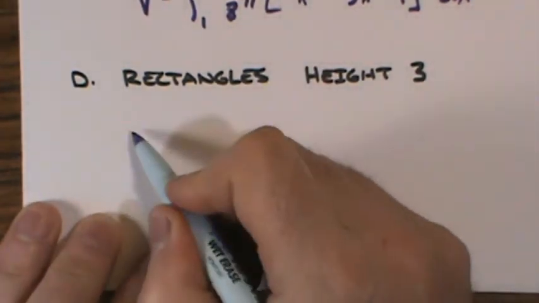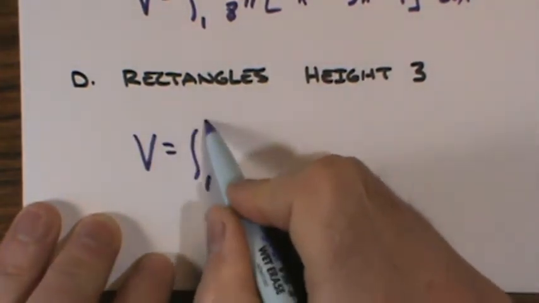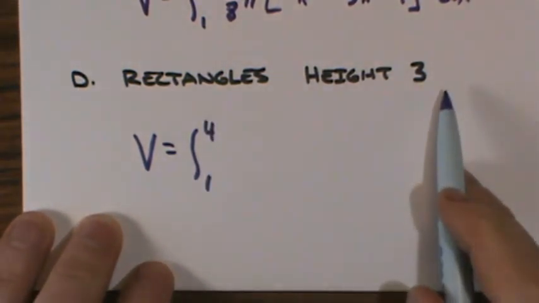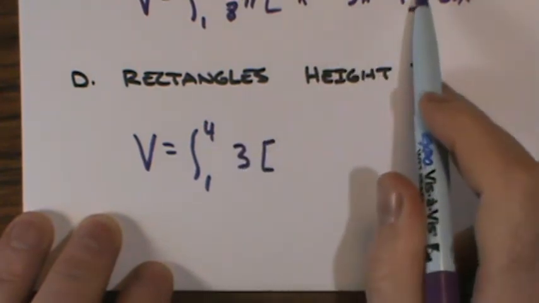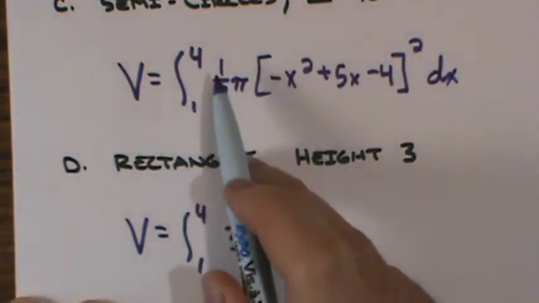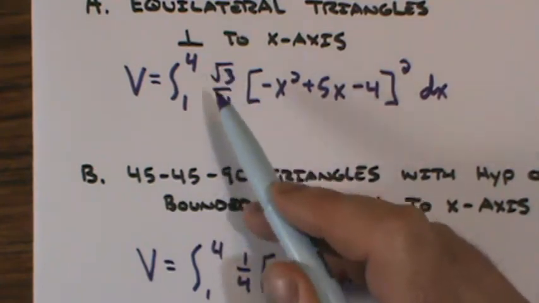Now I've got my rectangles. The volume equals the integral from 1 to 4. Now this is a rectangle with height of 3, so that would be 3 times the simple base. It's not going to be a square because this is already a dimension. See, these others, when I'm working through these, are part of the formula. This is not a dimension.